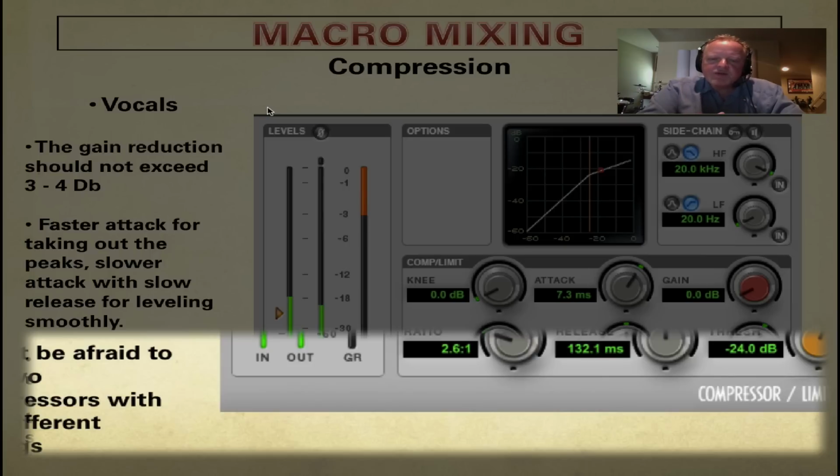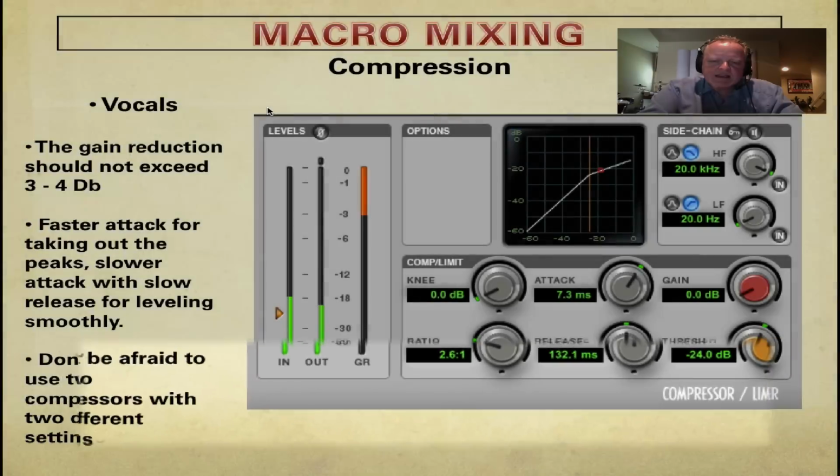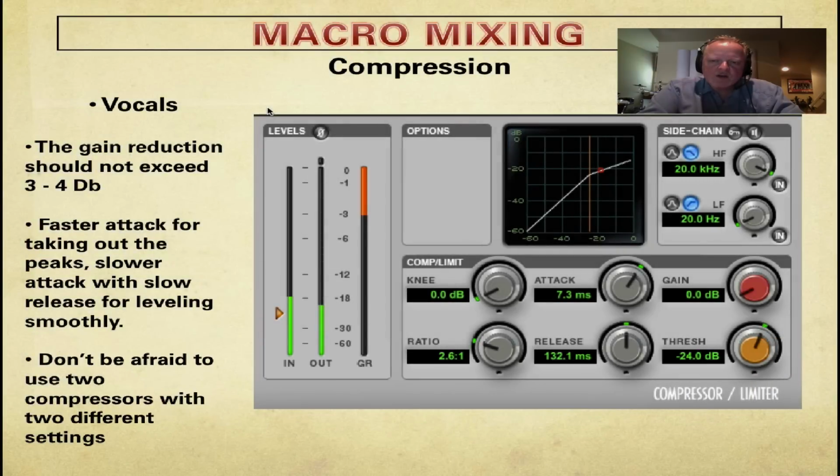Now some compression, like I said earlier, well, compression on vocals here, as an example, gives you some ideas about how much you should use. As you can see here in this example, my attack time is 7.3 milliseconds, which means I'm most likely going for compressing the peaks only. I'm not doing an overall compression. And my release time is 132, so it will stay on.